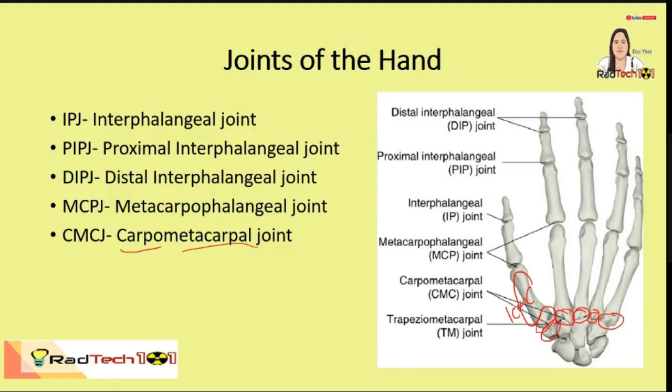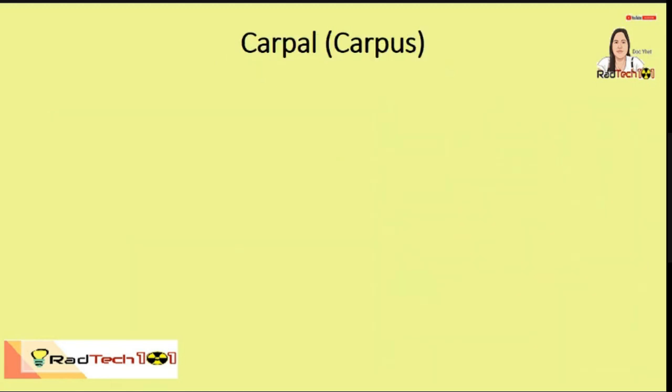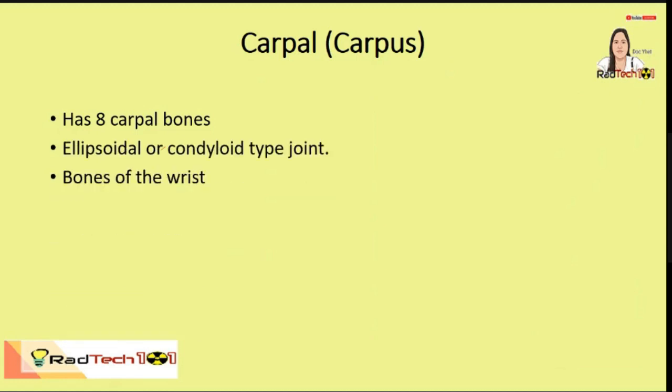Okay, so let's proceed. The next we will discuss the carpal or the carpus. So we have 8 carpal bones for each hand, so a total of 16, as I have mentioned earlier. Then we have ellipsoidal or condyloid type of joint. So our carpal bones, ang shape niya, appearance niya is like ellipsoidal or condyloid type.